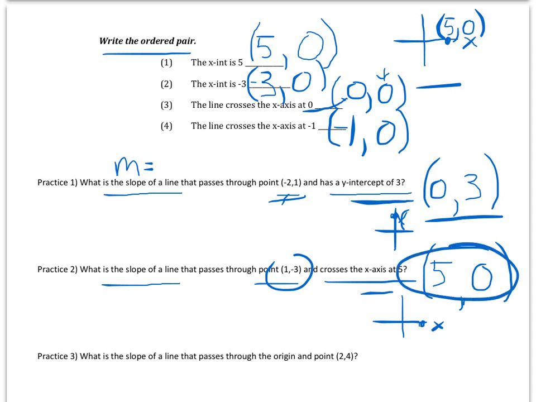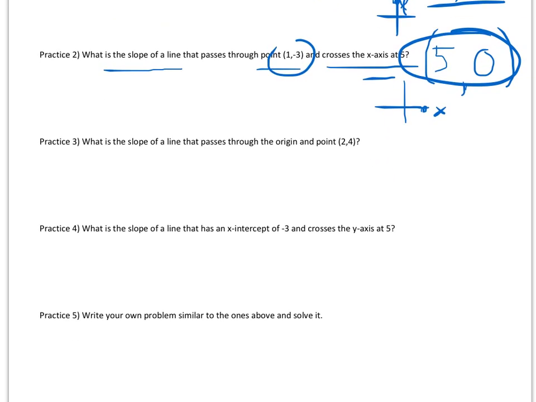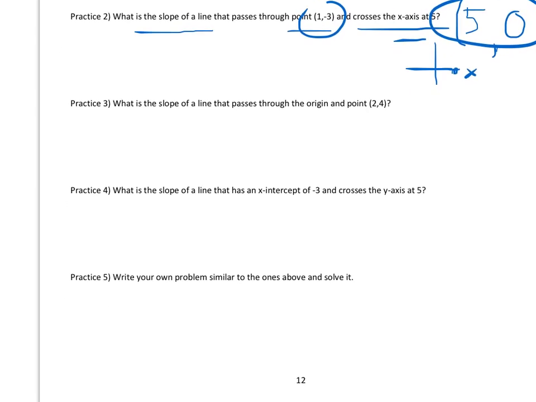All right, one last one. Let's see. Okay, practice 3. What is the slope of a line? Yep, answer had better be m equals. Again, start with the end in mind. Think about what should my answer look like. Oh, it shouldn't be m equals 0. I don't know why I did that. Okay, it should just be m equals something.